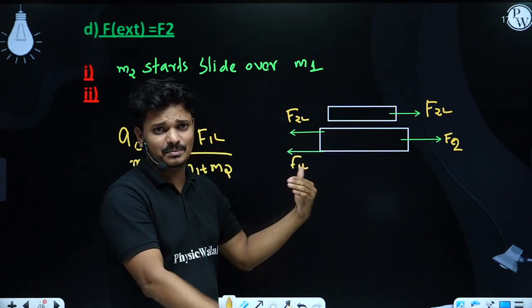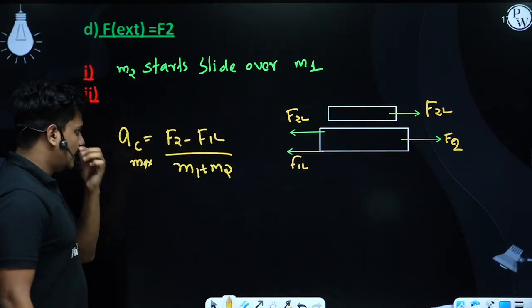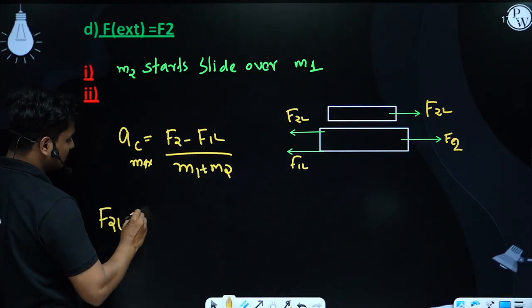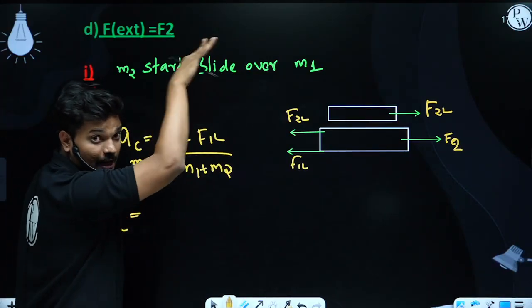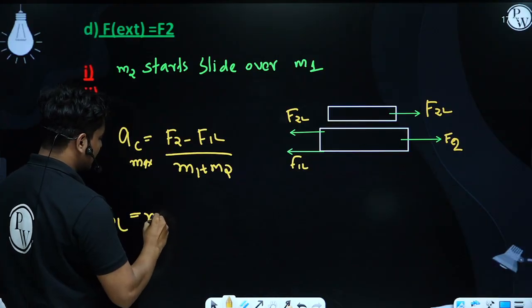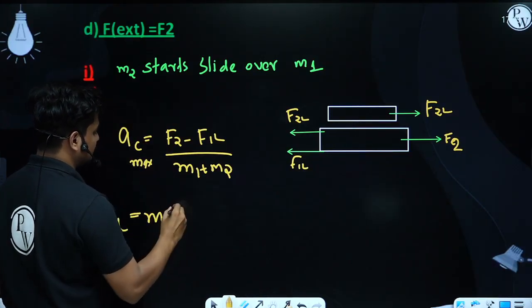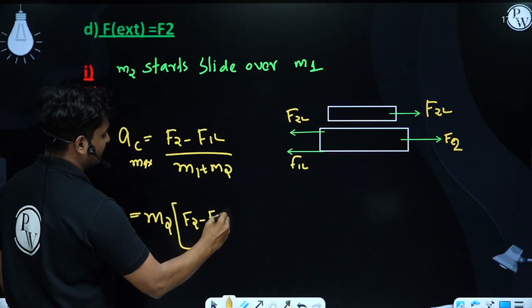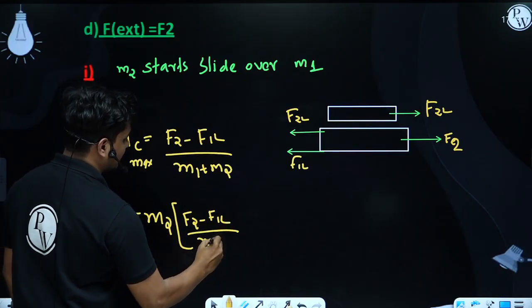Okay, action reaction pair. So what is F2L? That is the only horizontal force present on the top block. F2L is equal to M2 into F2 minus F1L divided by M1 plus M2.